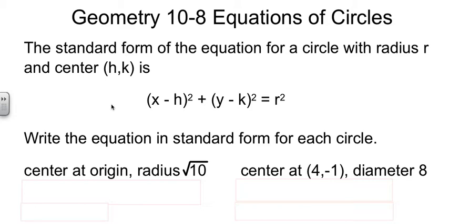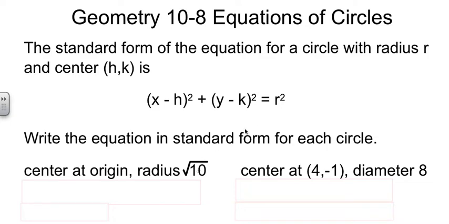Let's write a couple of equations for circles. We'll start with an easy one, the center at the origin, and the radius is the square root of 10. I know the center, so I know h and k are both 0, because the center is (h, k), and the center is at the origin.